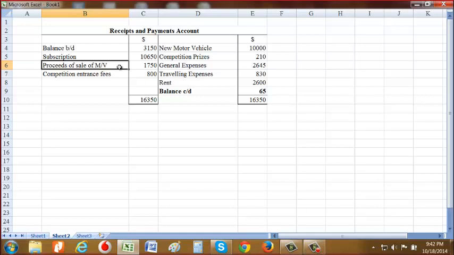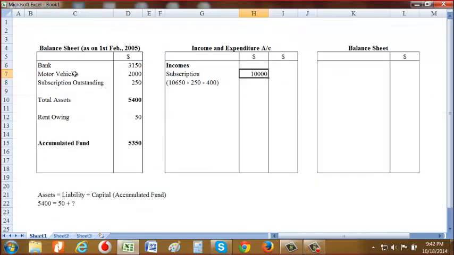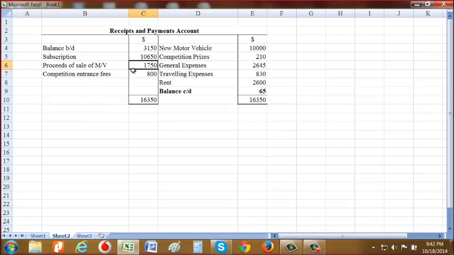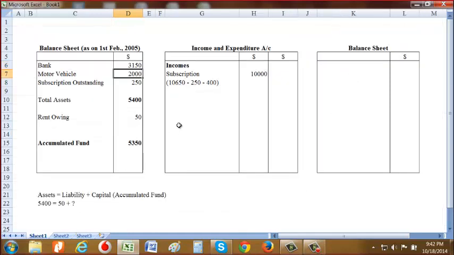Okay? So what is the value of the old motor vehicle? See the old balance sheet. This is the opening balance sheet, isn't it? The value of the motor vehicle is how much? And we sold that motor vehicle for how much? $1,750. So it means there is a loss. So that loss I will consider in the expenditure.